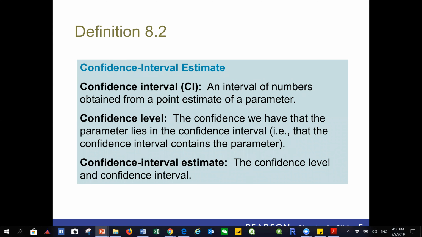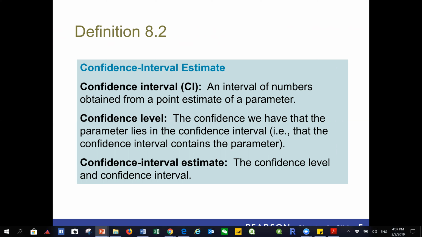Then we combine the point estimator with its sample standard deviation. Whether the population standard deviation is known or unknown, we will be able to construct confidence intervals to capture the population parameter.